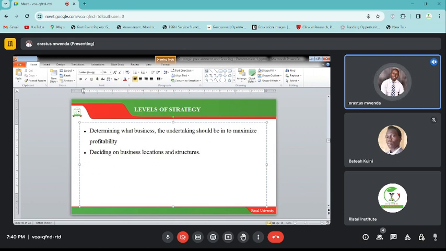So cost leadership means you are a leader in terms of, number one, giving your customers the lowest cost possible or the lowest cost available. And also lowest cost in terms of what you are spending to manufacture a good or a service.